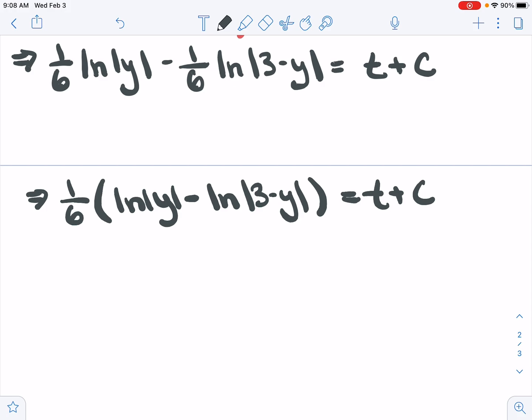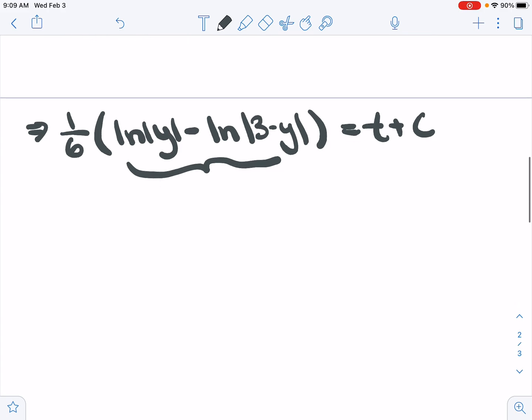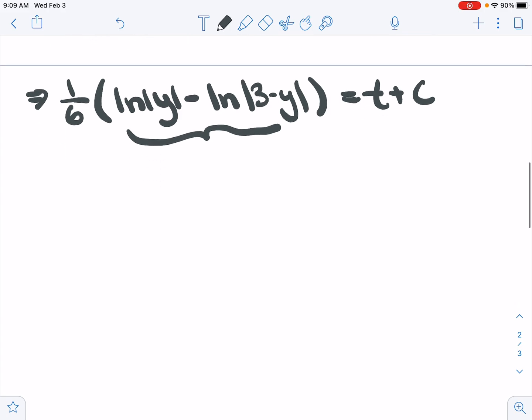Now I can multiply both sides by 6. And on the left, I'm going to combine these terms using a log rule, right? The log of a minus the log of b is equal to, let's write that log rule down actually, log x minus log y equals log of x over y.